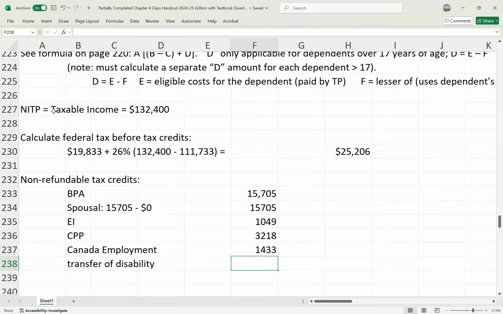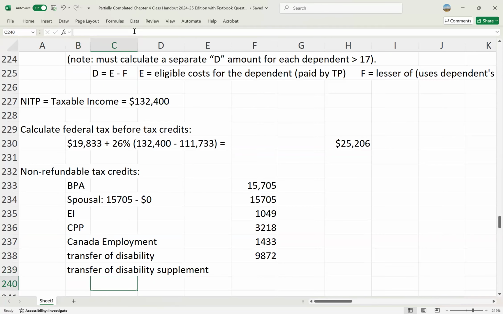And once again, the amount that's given on the rates table, 9,872. And because this 13-year-old is under 18, the 13-year-old would also qualify for the supplement. So that supplement, transfer of disability supplement, can also be transferred to Clarice. And once again, the amount that's given on your rates table, 5,758.